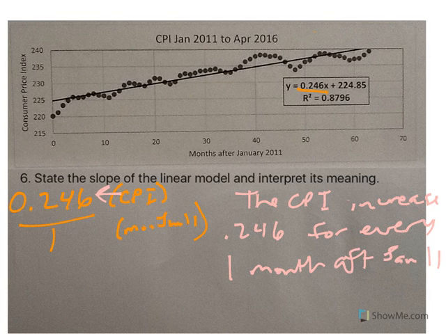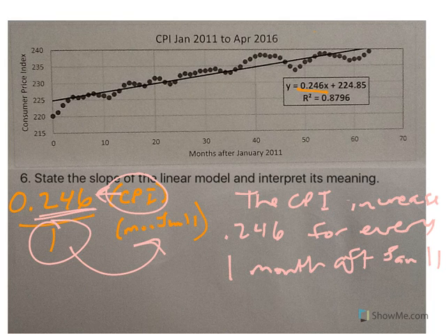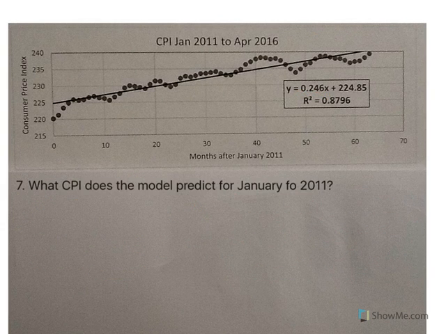So see how I did that? I used my labels. CPI, it increased because it's positive, increased this amount for every 1 month after January of 2011. So I'm a big fan of writing the slope as a fraction in numerics and then labeling the top and the bottom, y's over x's, and that allows me to write my sentence pretty easily.